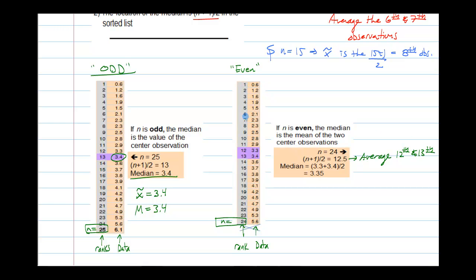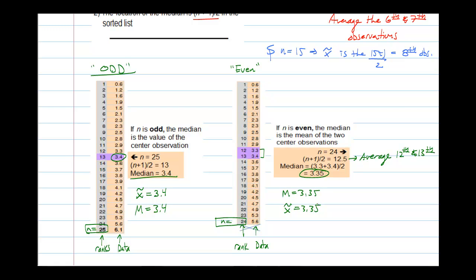So I come down here through my rankings and I find my 12th and 13th, and so I want to find the midpoint between 3.3 and 3.4, so I add them together and divide by 2, and what we get here is 3.35. That's my value for the median. So I get cap M equals 3.35, or of course x tilde equals 3.35. Different symbols that represent the same thing, which is the median.